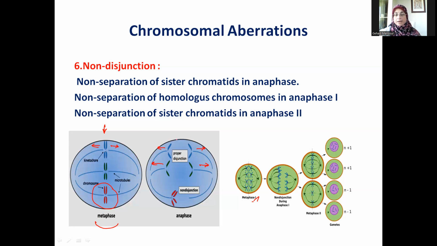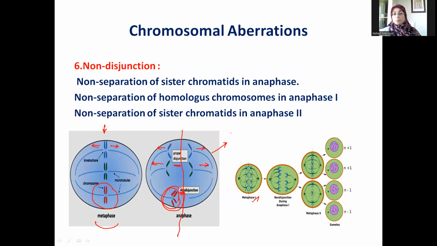because the cohesion complex in between has disintegrated. So this is proper disjunction, but here we have non-disjunction, which means that there wasn't any disjunction between the two sister chromatids of that chromosome, and they all went to one side. Of course, this will result in problems later on, because one gamete will contain only 2 chromosomes, whereas the other gamete will contain 3 chromosomes, one of them being duplicated.